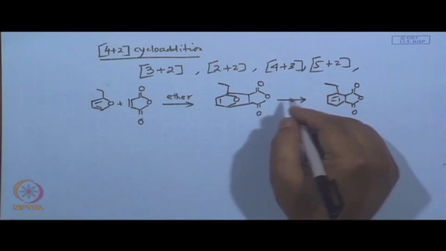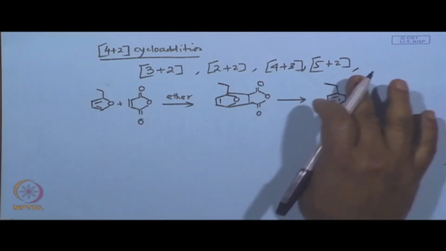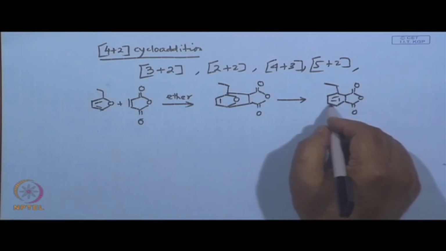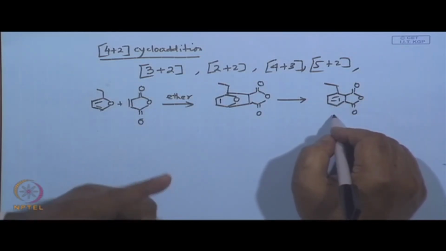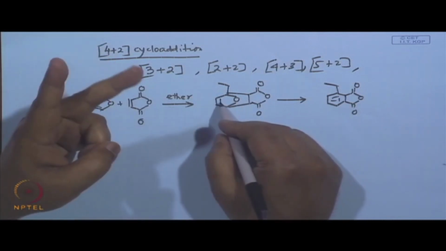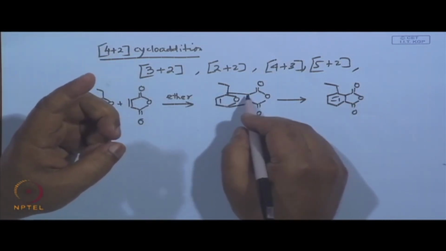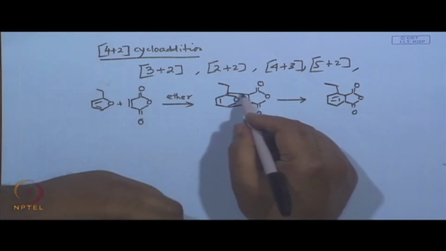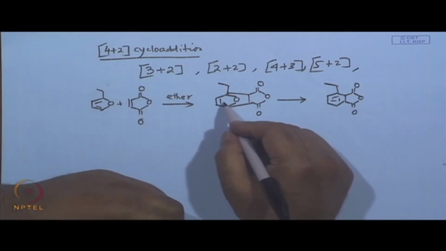If you look at this, the right hand portion is the same, and the benzene ring constitutes oxidation level 4, and here also you have 2 cycles, 1 double bond, 1 heteroatom.